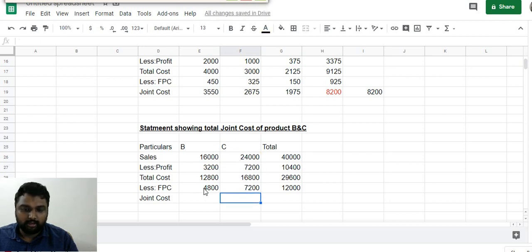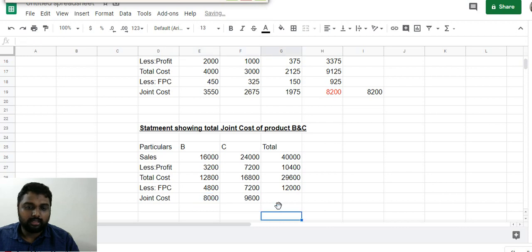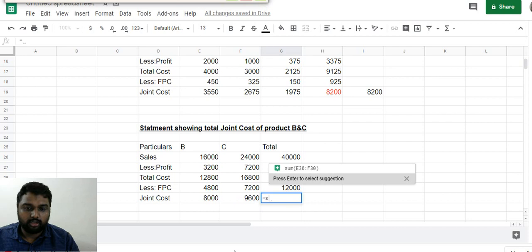What is your joint cost? Joint cost is nothing but your total cost minus your further process cost. So what is the total of further process cost?